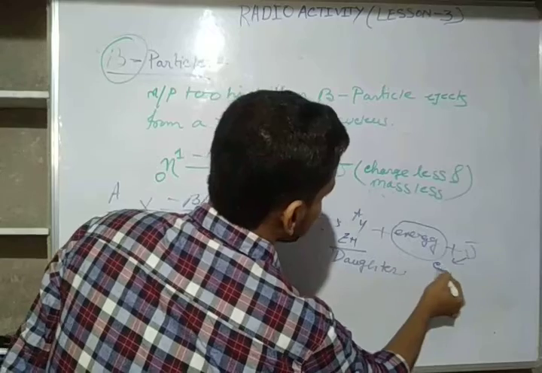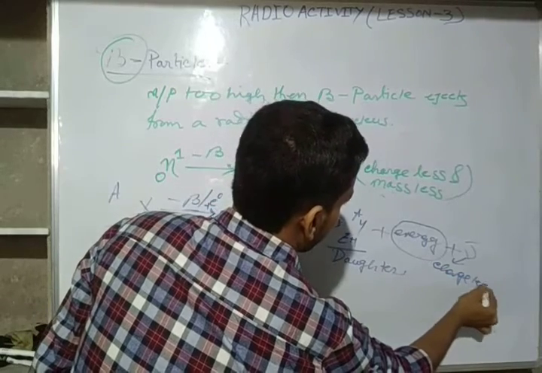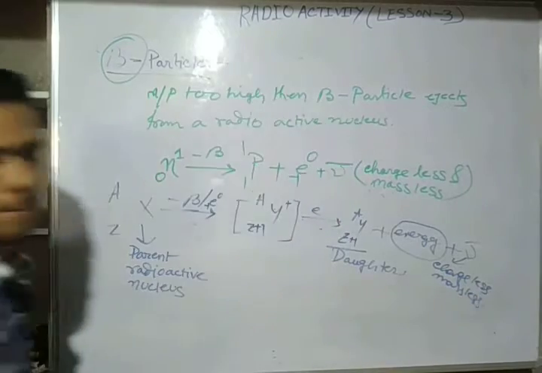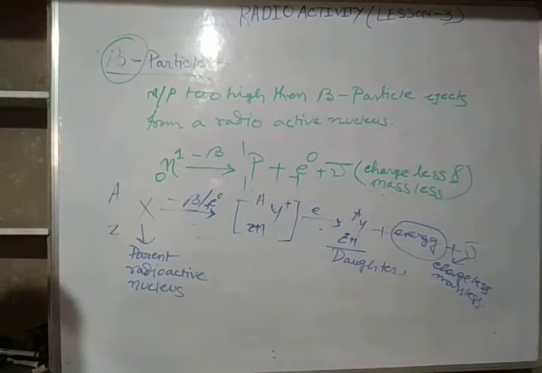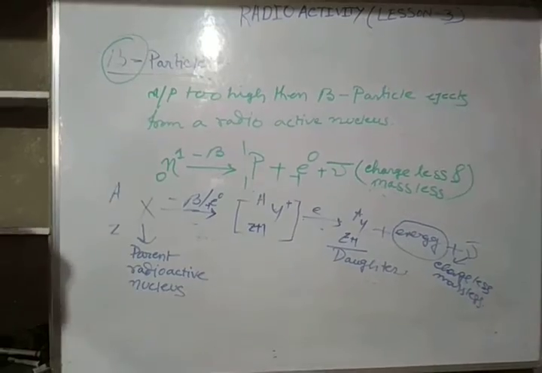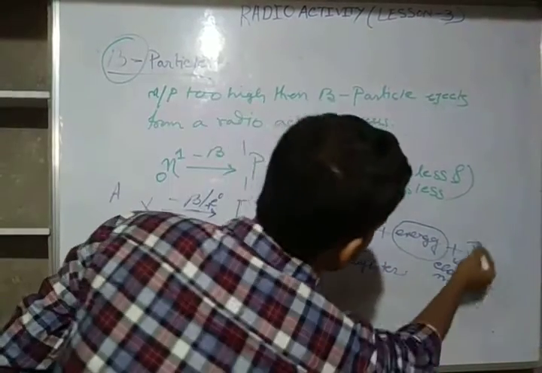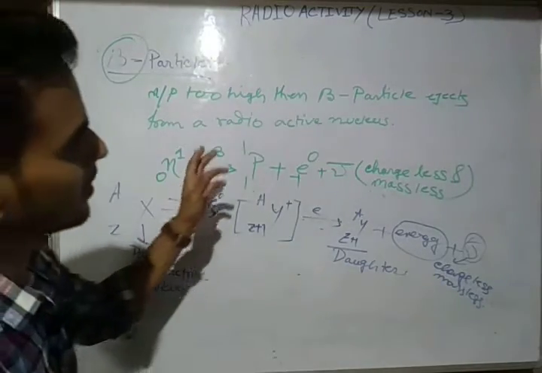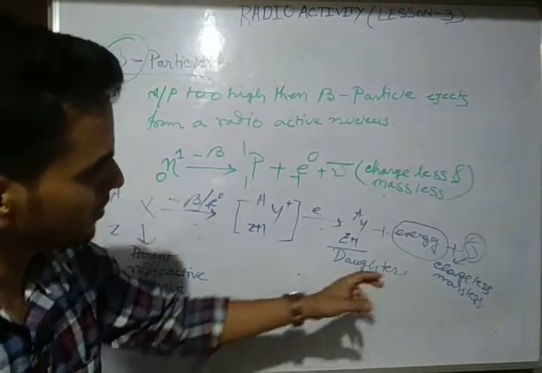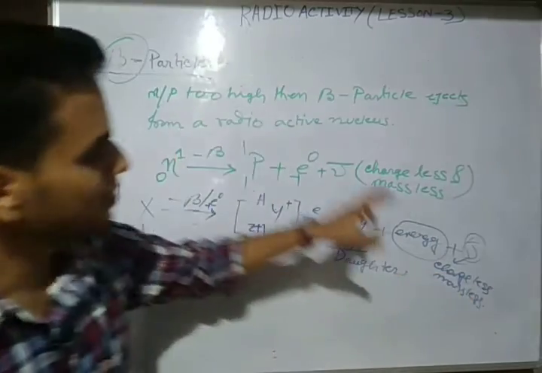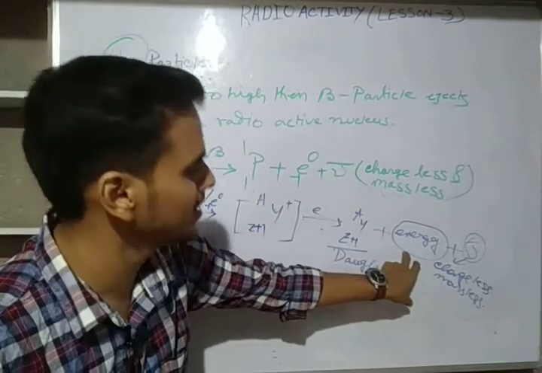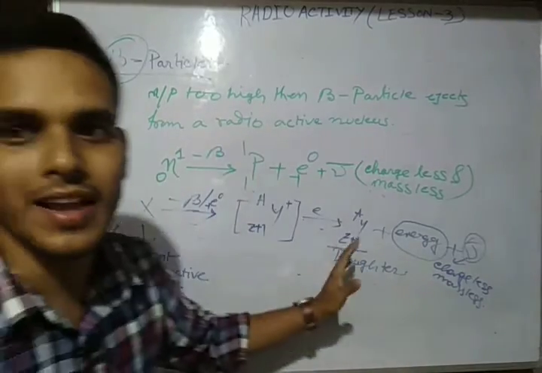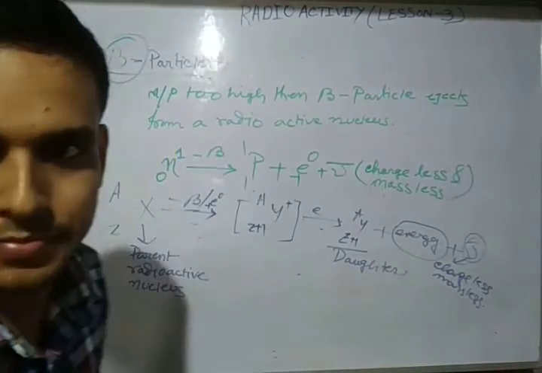This is chargeless and massless. Okay? This means the antineutrino particle which is released along with beta particle in the nuclear reaction, which is chargeless and massless, conserves the energy in the nuclear reaction to maintain the nuclear reaction in balanced condition. Okay?